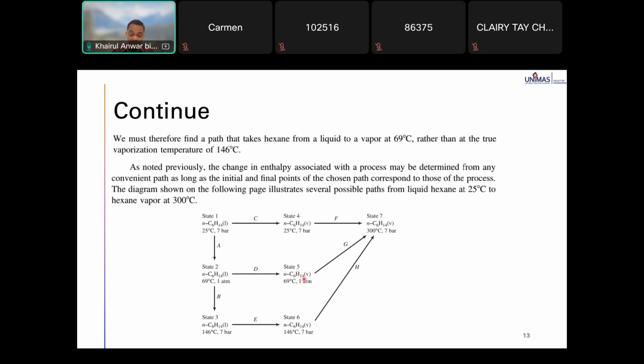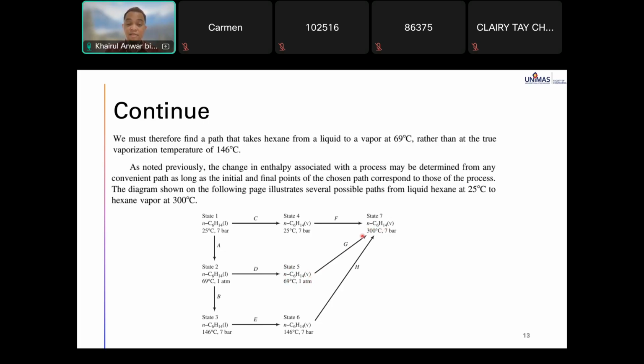Next, the phase has changed at state 5. The final temperature is 300 degrees C. So now it's still 69, but the phase is in vapor form.